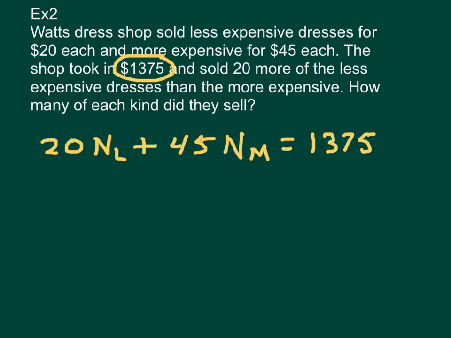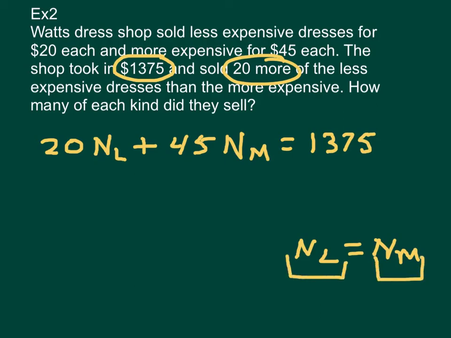So that's one equation. Now the other equation is kind of like those coin problems. I'm going to write down an untrue equation. I know that the number of less expensive dresses does not equal the number of more expensive, because it says there are 20 more of the less expensive. If this were a science balance, there's 20 more over here, so this side of the balance is lower.